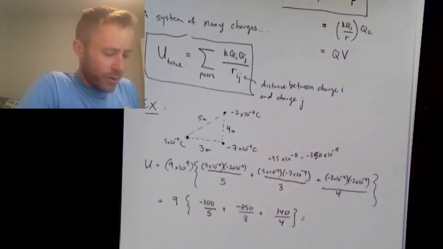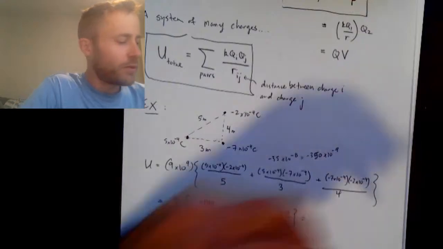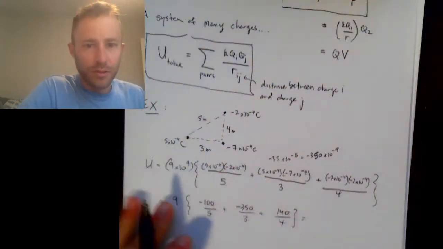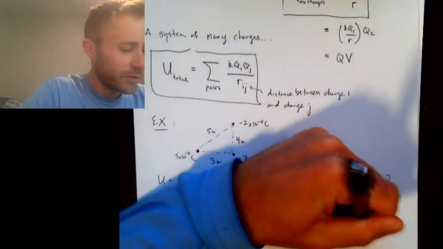So then I will plug it into the calculator. And I get that the total electrical potential energy of this system is negative 915 joules.